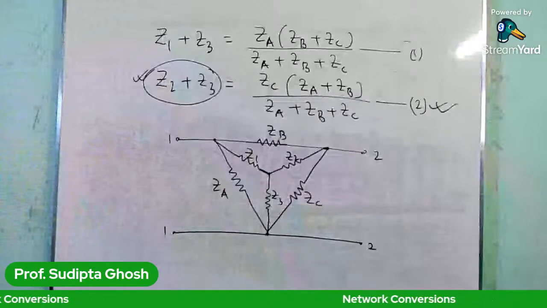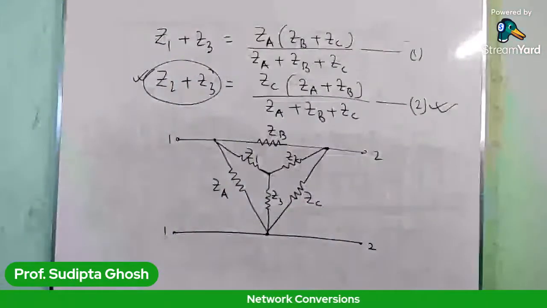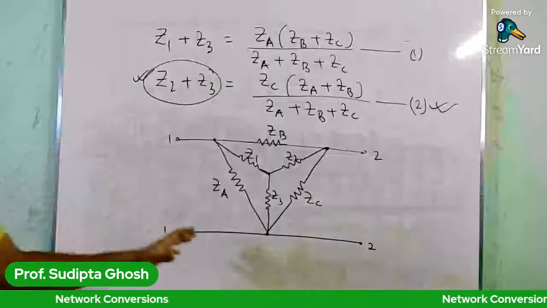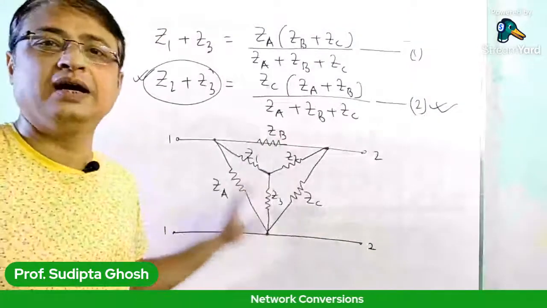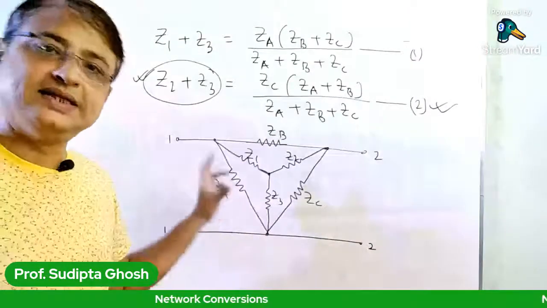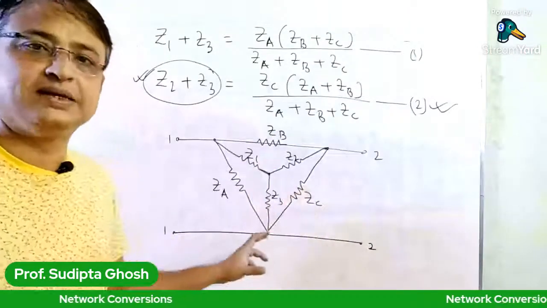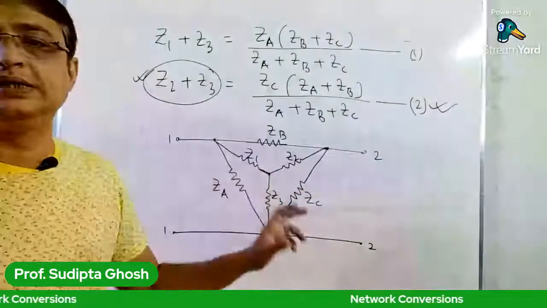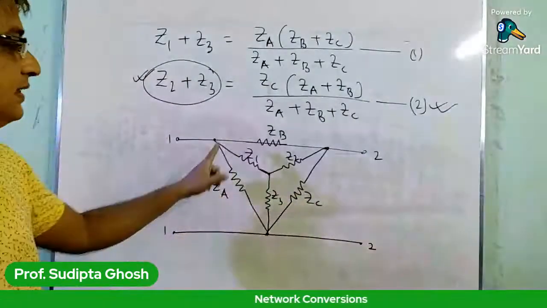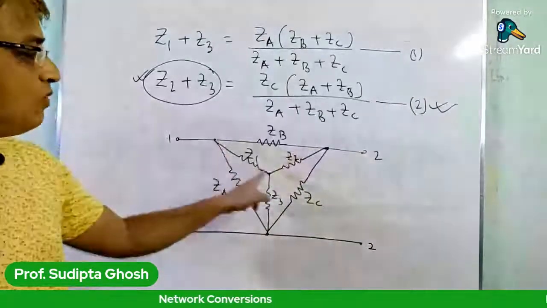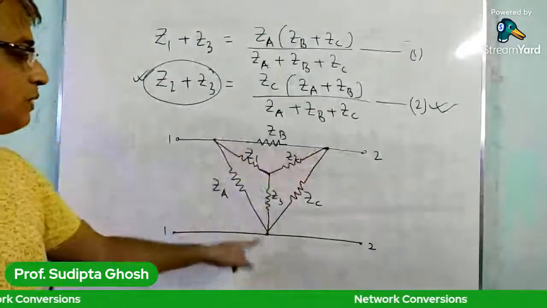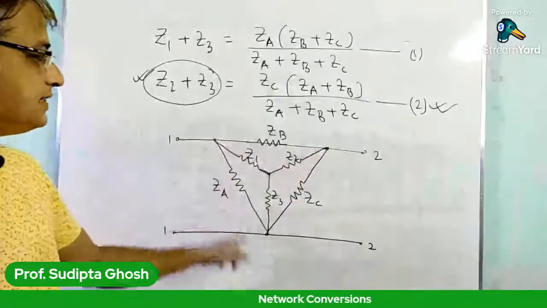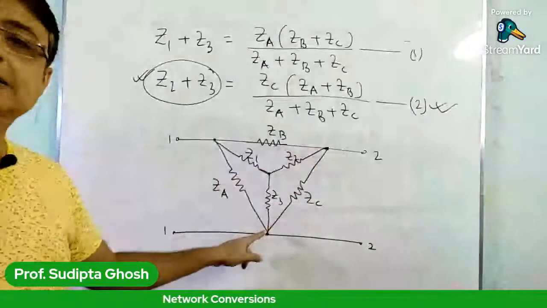So these are the six impedances, that is the T network and the pi network drawn in a single figure. This is the T section, Z1, Z2, Z3, and the outermost part is the pi section, that is ZA, ZB, and ZC.